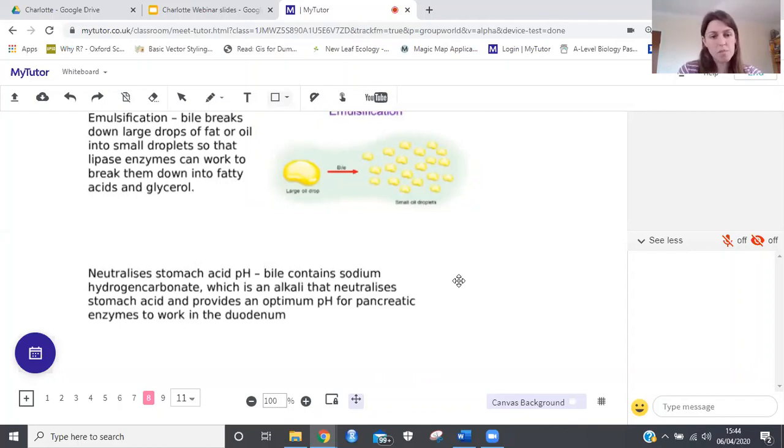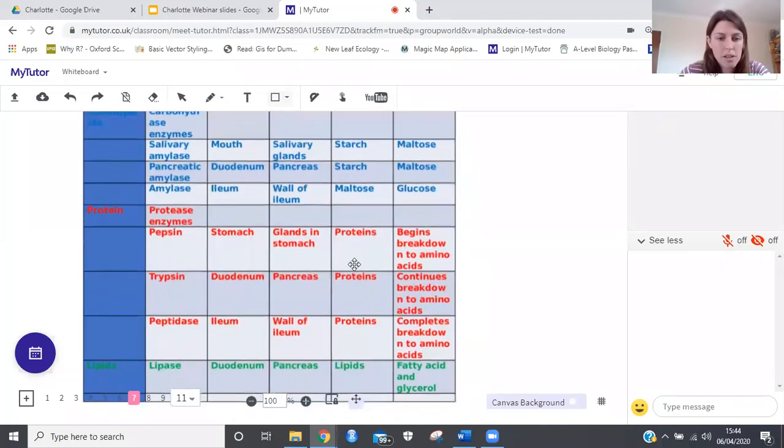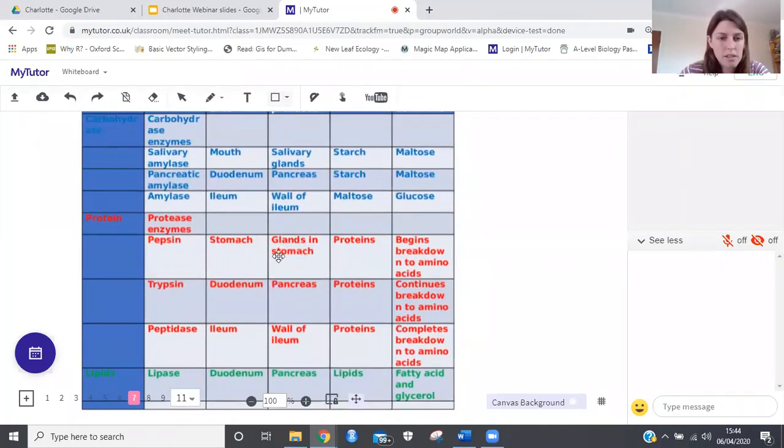So if we go back to the last slide, which are the enzymes that work in the small intestine: pancreatic amylase, produced in the pancreas, works in the duodenum, the small intestine. Amylase works in the ileum.